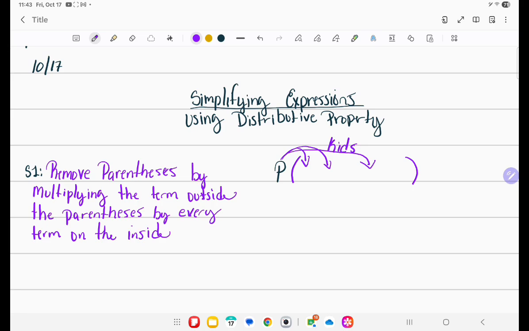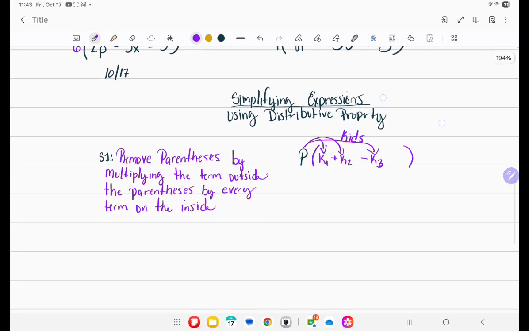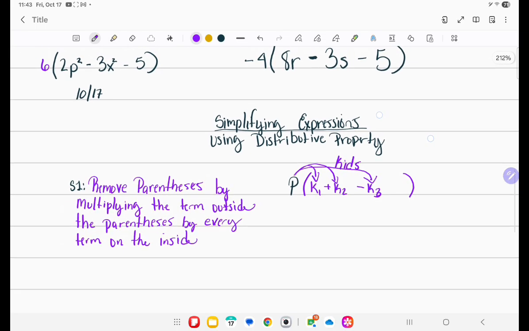Especially in math. You're supposed to whoop kid 1, kid 2. Now, if they happy, it's positive. Even if they sad while you whooping them, you got to whoop all of them. And if you do not, that'll be breaking the law.